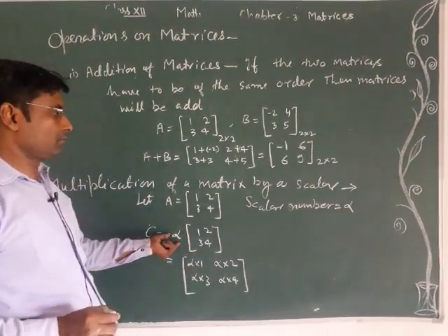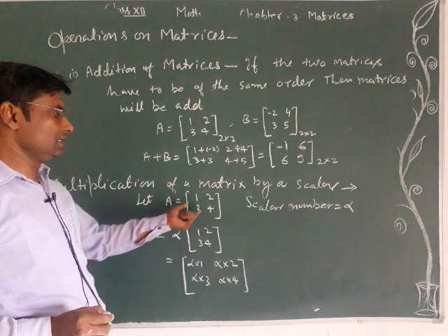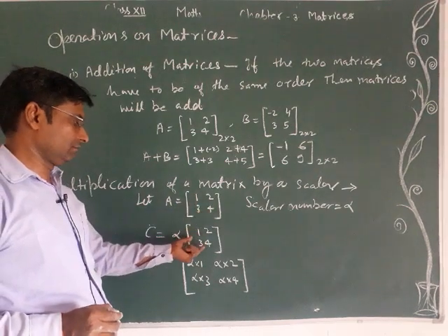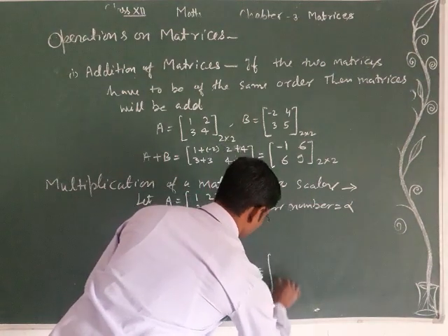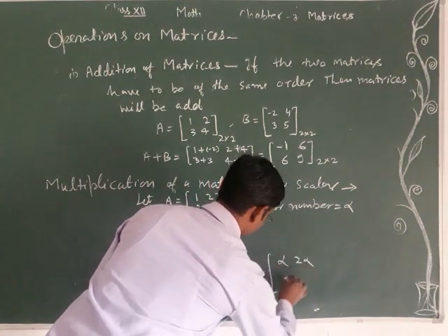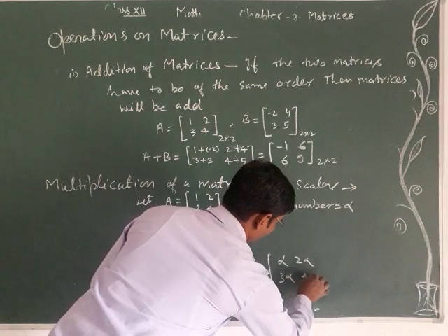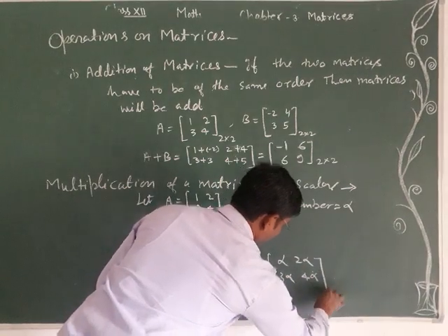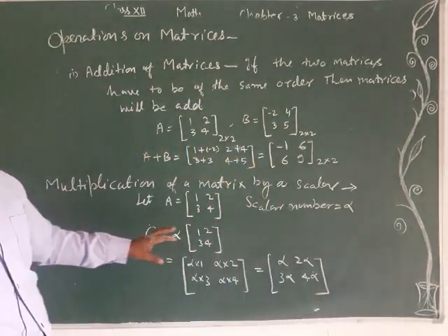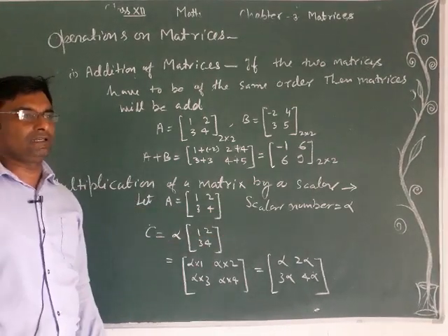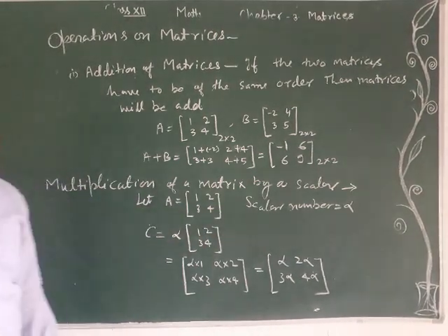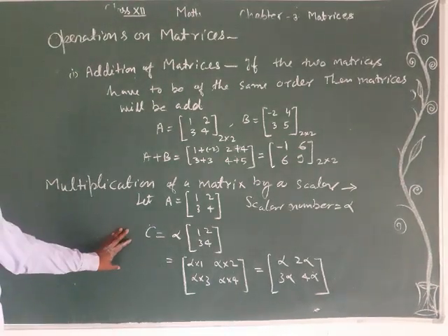So this is alpha, 2 alpha, 3 alpha and 4 alpha. The scalar quantity is multiplied by each element of the given matrix.